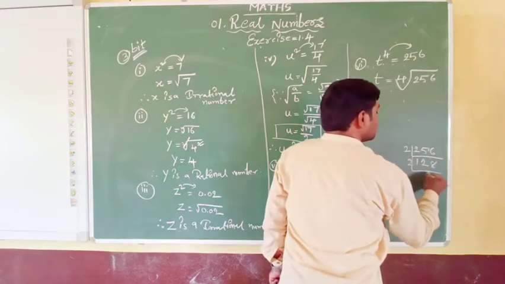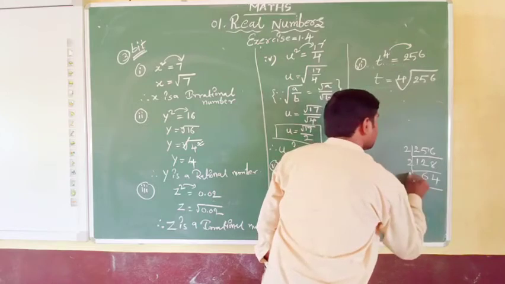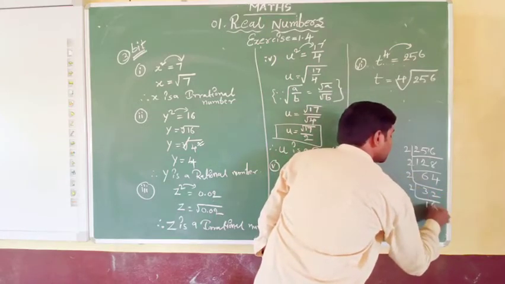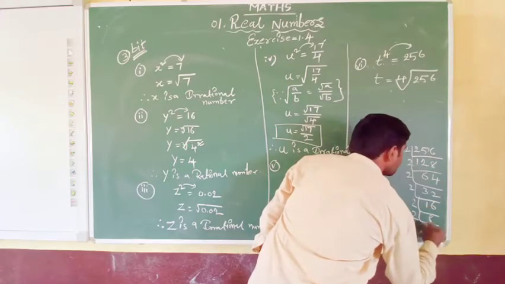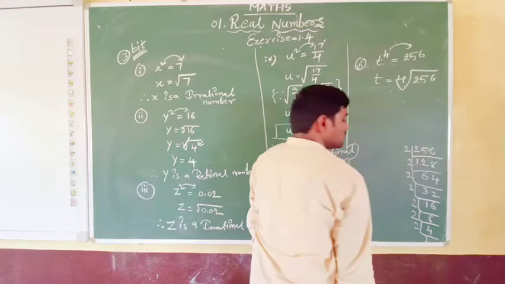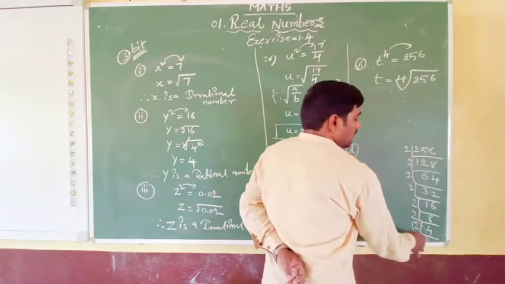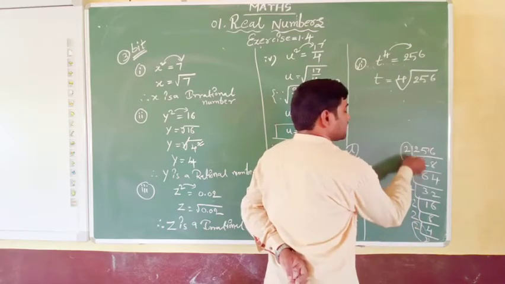We go for 2 again. 2 sixes are 12, 2 fours are 8. Again we go for 2. 2 threes are 6, 2 twos are again 16. 2 eights, 2 fours and 2 twos. See what we can write here: 1 2 3 4 5 6 7 8. We will make these into pairs.